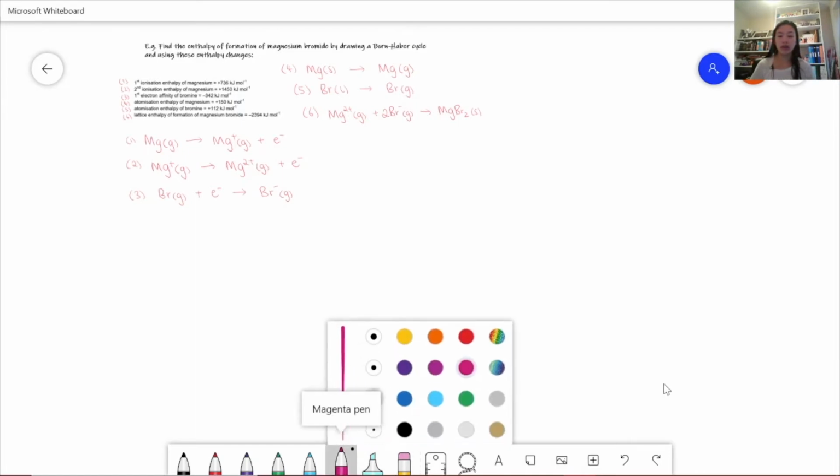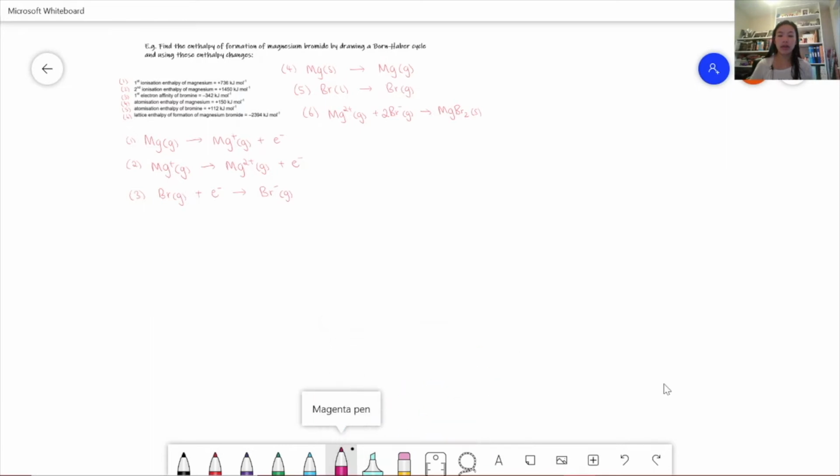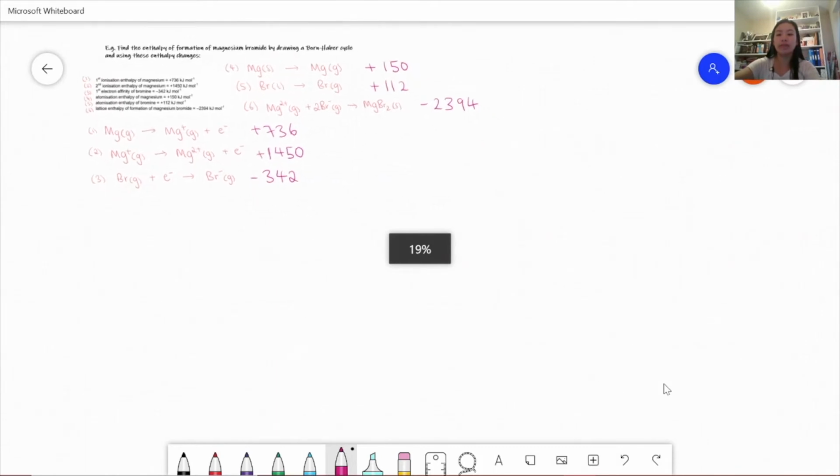I'm going to write all these numbers here so we can see them. So I've got 736, 1450, minus 342, plus 150, plus 112, and minus 2394. Okay, so now it's all a bit more clear.